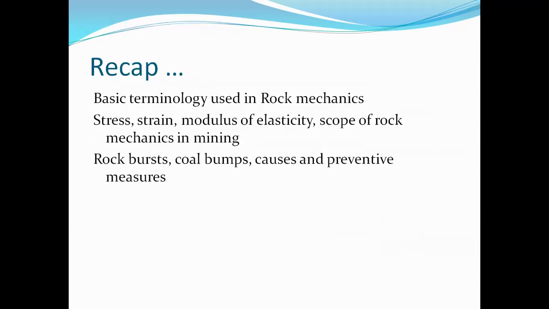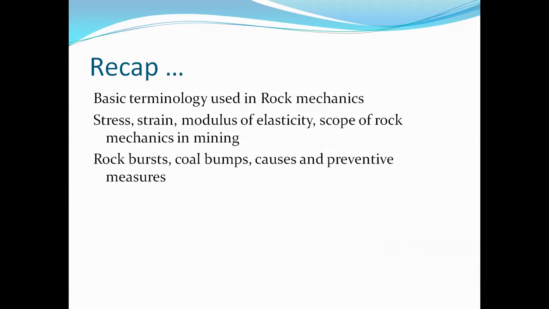So before I continue, let's recap what we discussed so far. In the earlier video lectures, we discussed the basic terminology used in rock mechanics, like stress, strain, modulus of elasticity, scope of rock mechanics in mining, and the relation between different moduli of elasticity.